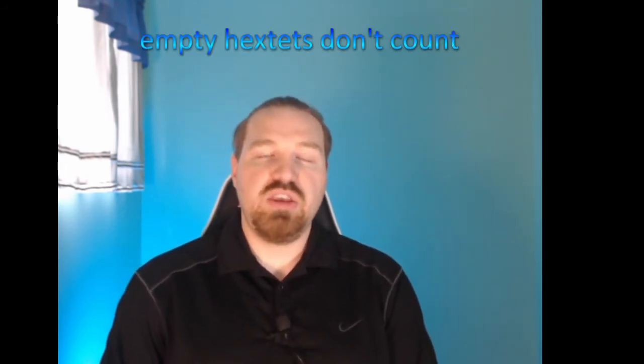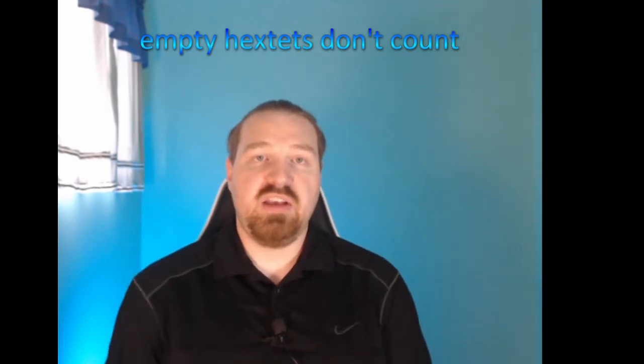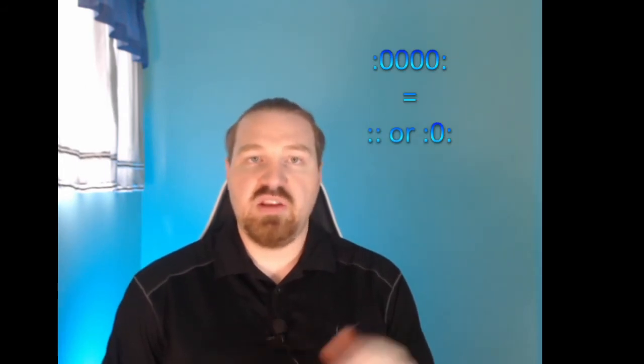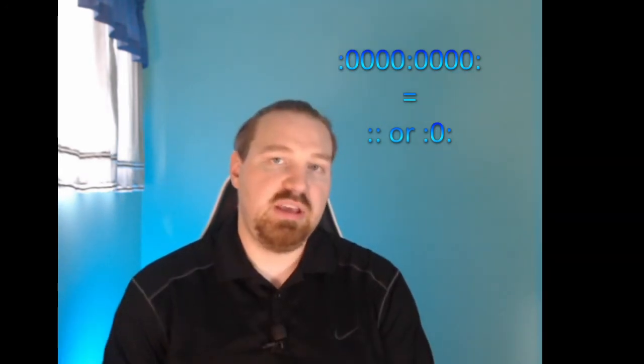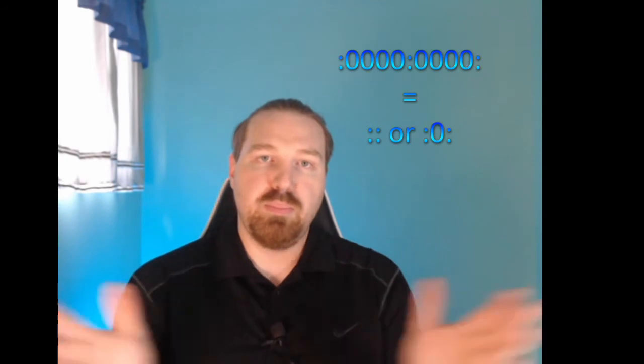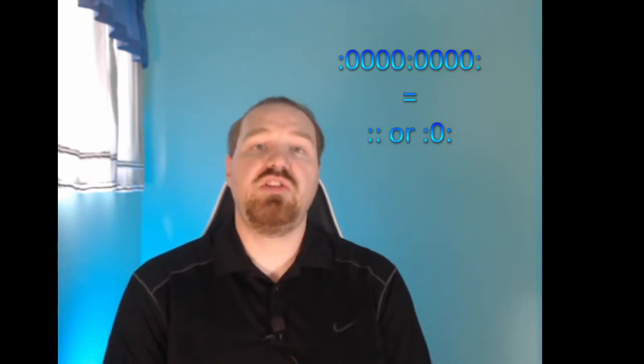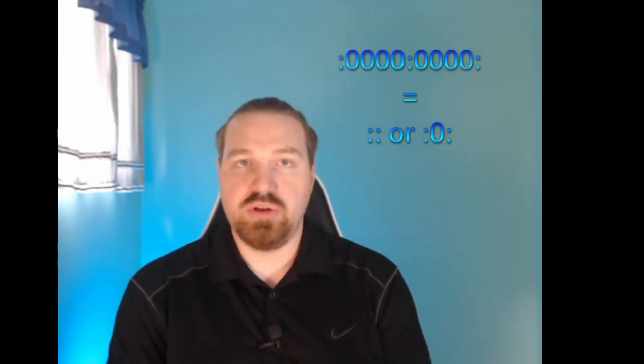Another rule is that you can eliminate an entire hextet or multiple continuous hextets of all zeros. So if you have a hextet that is 0000, you can write that as just a double colon. If you have 2 completely empty hextets, you can encompass both of them into a single double colon. Now there is a limitation: you can only use the double colon rule once.